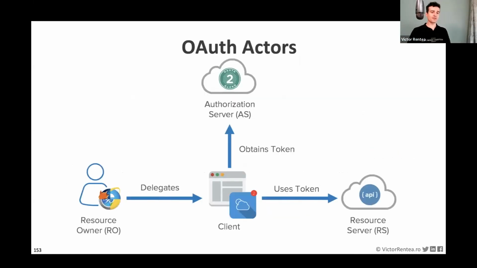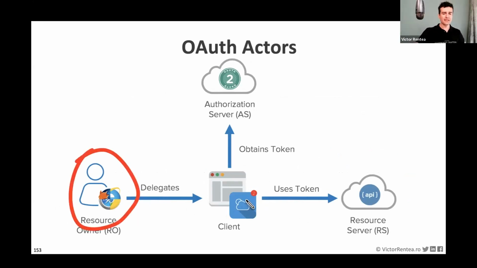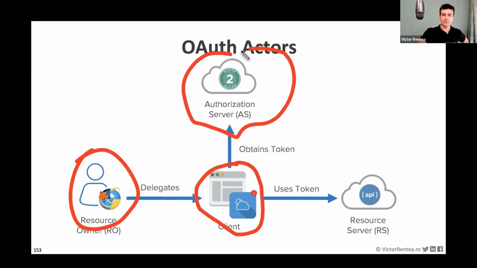Now, the actors involved in OAuth are the human over here, the resource owner; the client, the application that wants to act on your behalf or do stuff for that user; and the authorization server. Last time we talked about Keycloak, but it can be a lot of servers, like Azure, which gives the client, the application, a token in the name of the user.